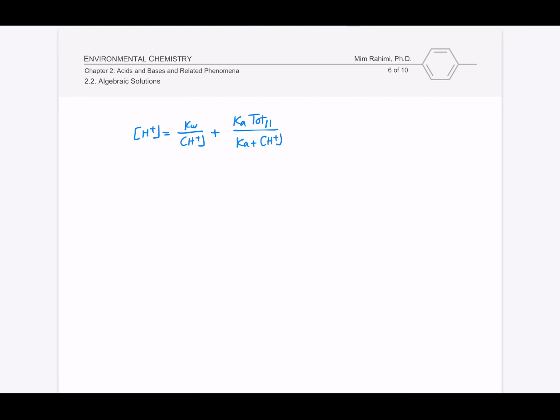How many unknowns do we have here? Yeah, only one unknown. What kind of equation is this? It's not linear, so what kind of equation? What's the degree of the polynomial?